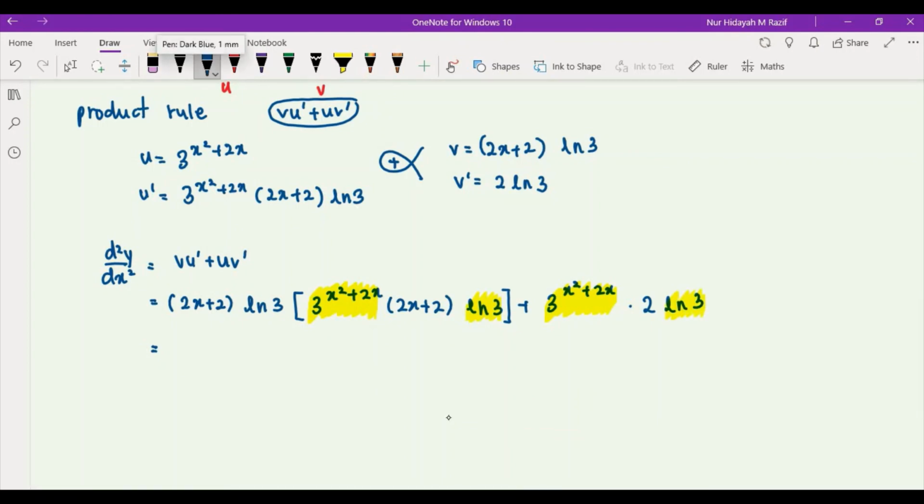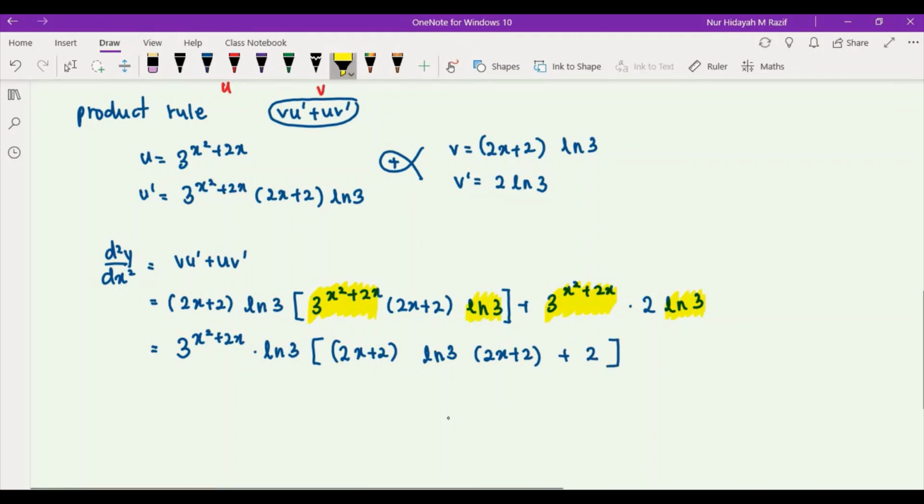And then, apa yang kita boleh buat? Tulis dulu yang kita keluarkan 3 power of x square plus 2x multiplied by ln 3. And then, whatever is left, kita akan tulis dalam kurungan besar, iaitu 2x plus 2 times ln 3 times 2x plus 2.